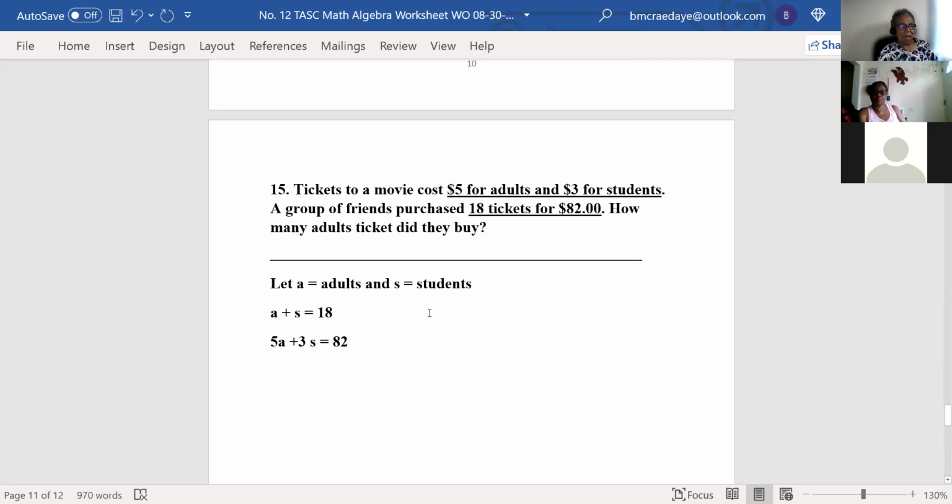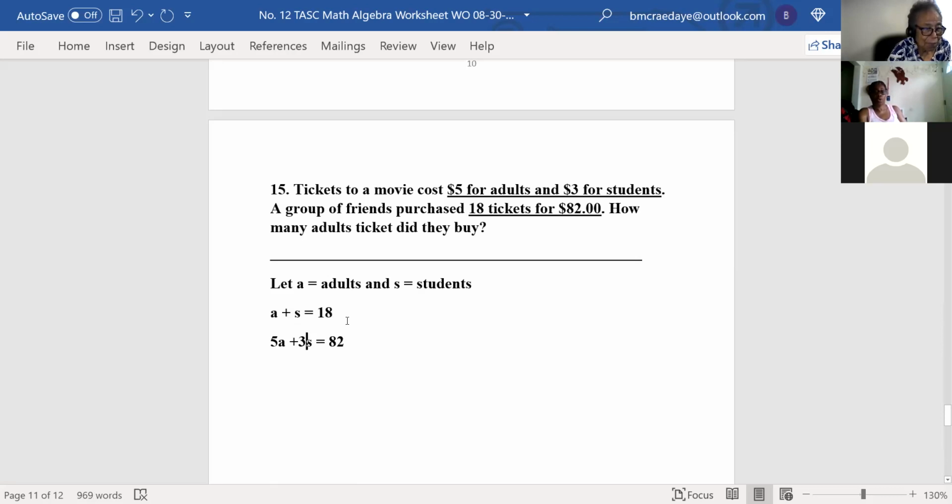So $5 for the adult tickets plus $3 for the student tickets, and that total adds up to 82. So what can we do with these equations to solve for one of the unknowns?